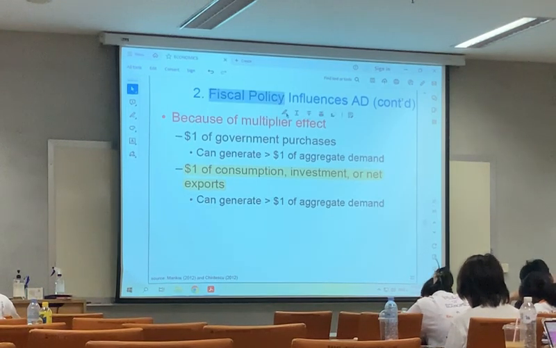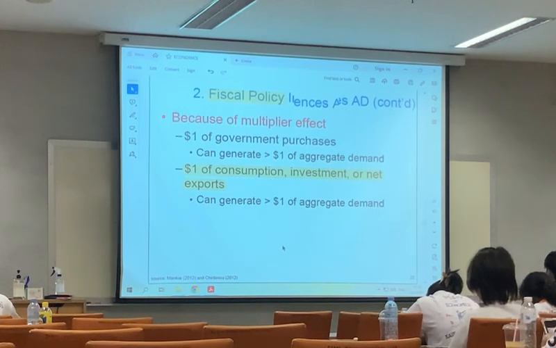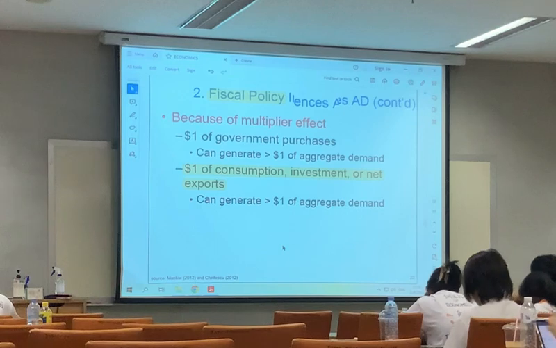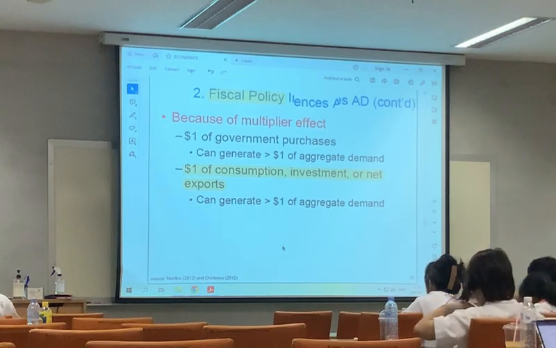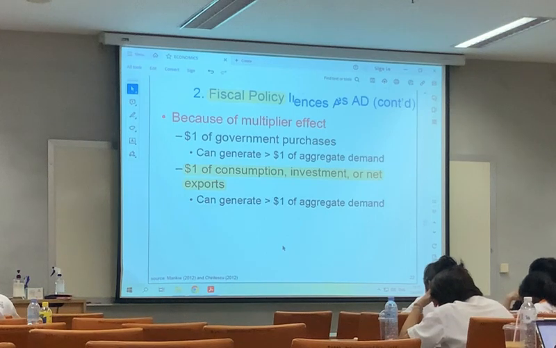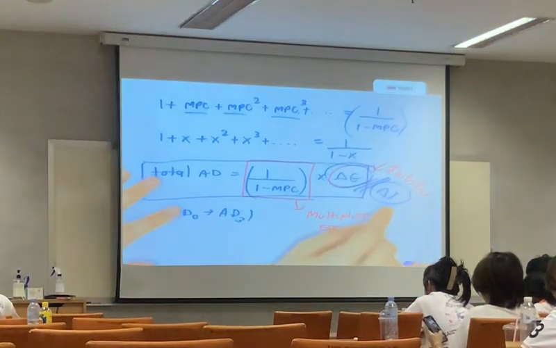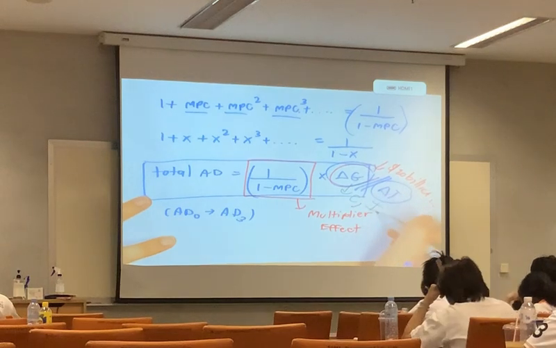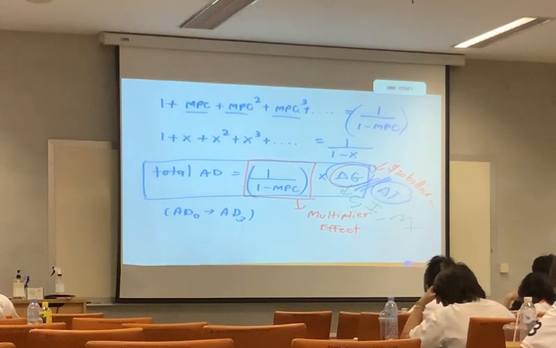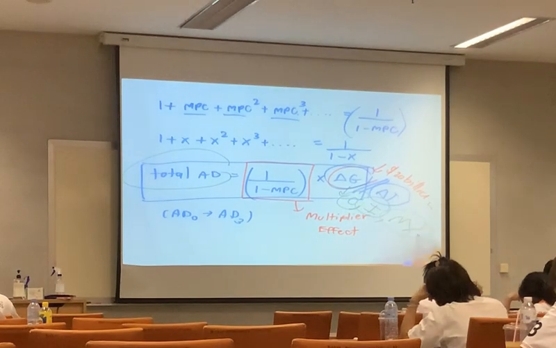So that's why I tell you that we can substitute either G or T. However, you can apply this equation to any other C, I, G, and X. You can calculate multiplier effects from that variable as well. For example, if I didn't change G or T, but I start with changing consumption, investment, or NX, you can calculate how much AD changes, because these are the factors that make AD shift.